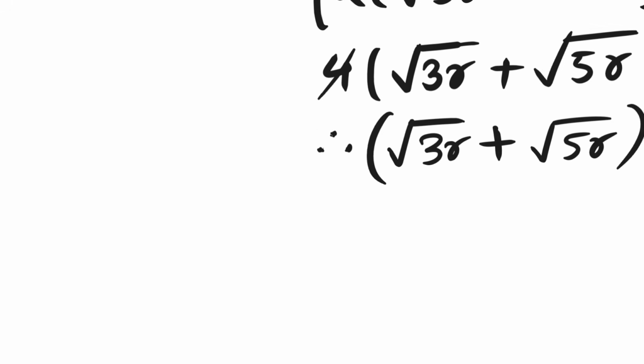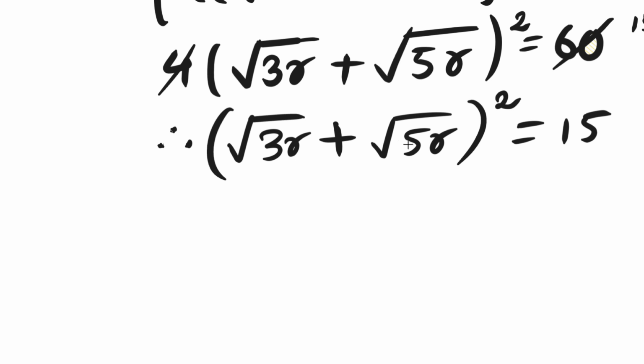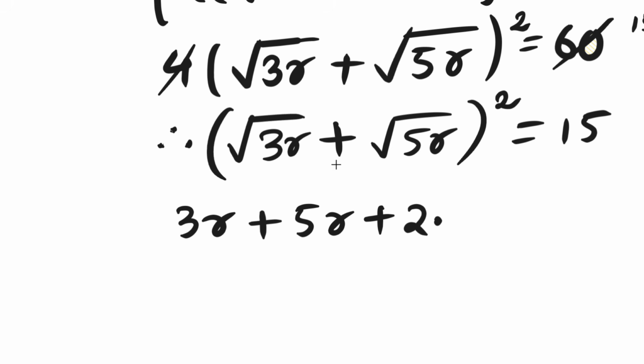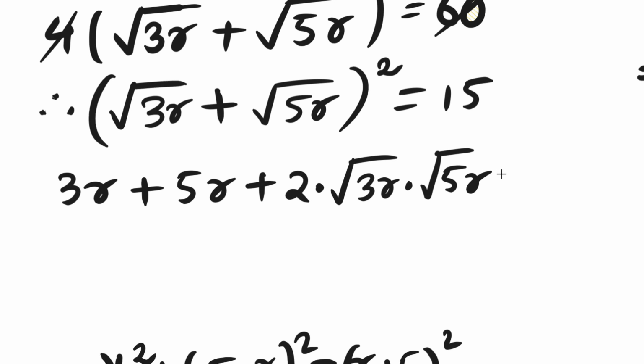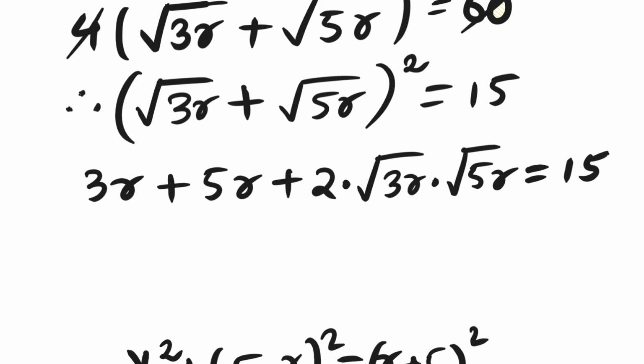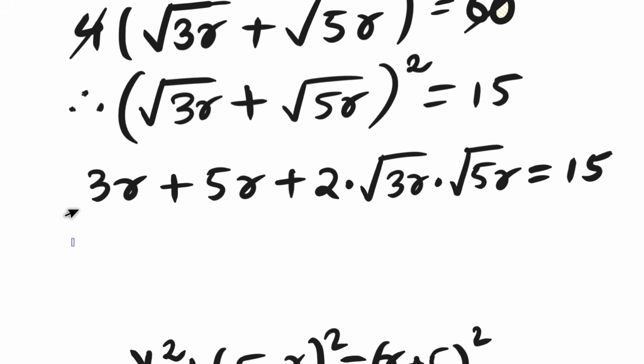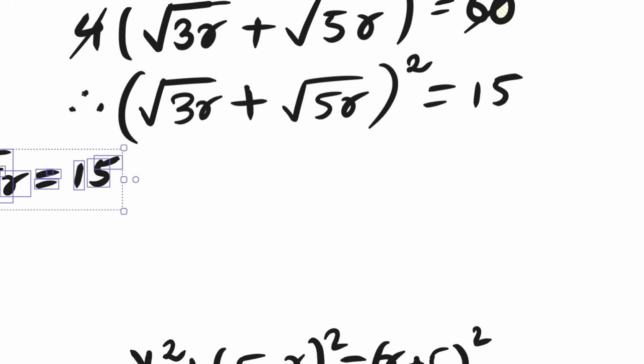Now we expand this square. The square of the first term gives 3r. The square of the second term gives 5r. The middle term comes from 2 multiplied by the first term multiplied by the second term. So we get 3r plus 5r plus 2 times the square root of 15r squared equals 15.